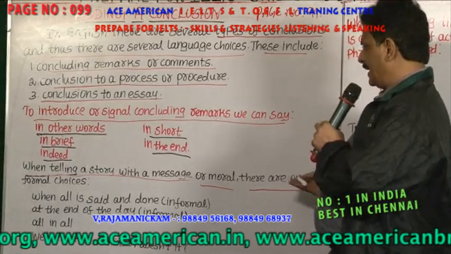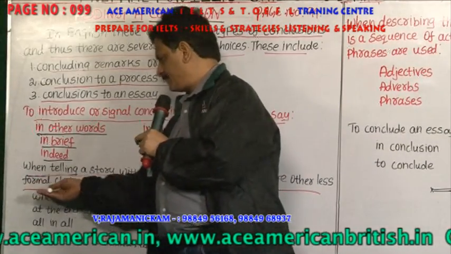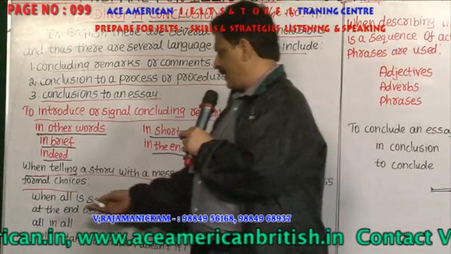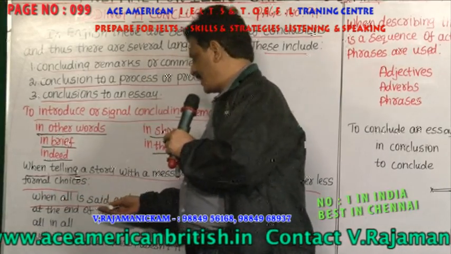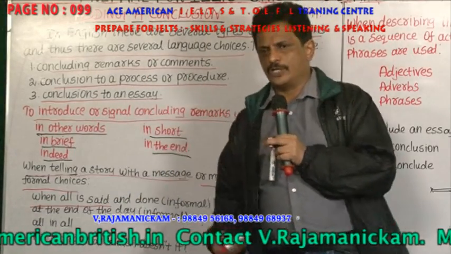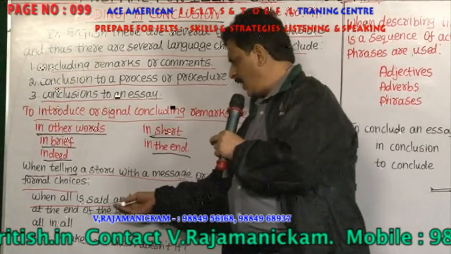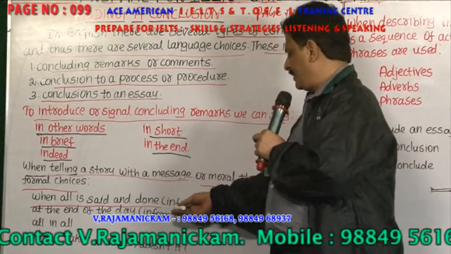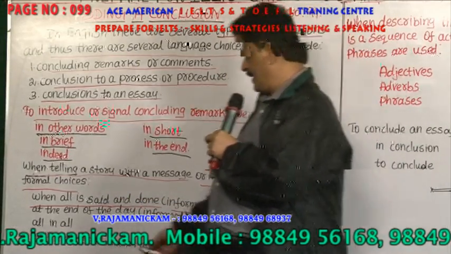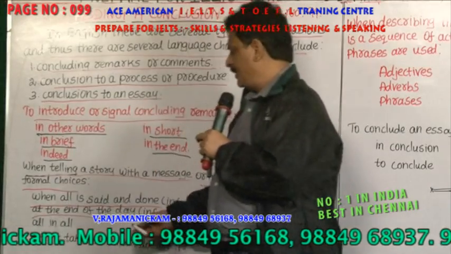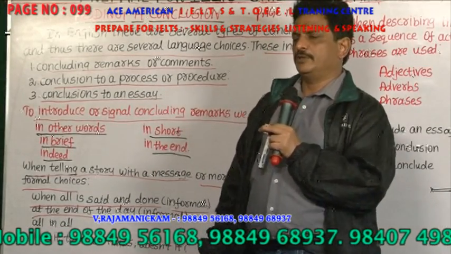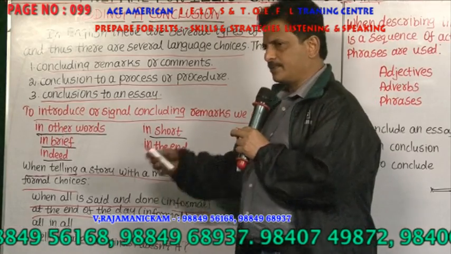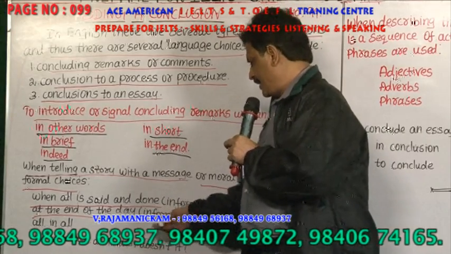there are other, less final, formal choices. What is that? When all is said and done: when you are giving a moral story, this is one of the formal ways. At the end of the day, finally: when you want to conclude a moral story or some story, you say at the end of the day, which is informal.